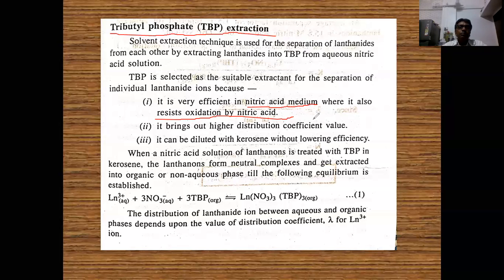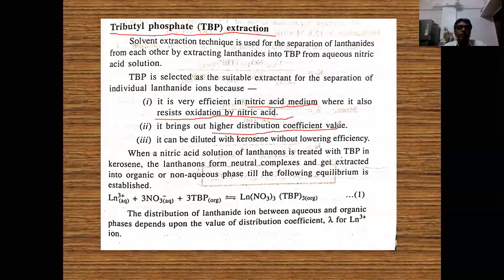Second, it brings out a higher distribution coefficient value. When we use TBP as a solvent in the solvent extraction method, TBP gives a higher distribution coefficient value, that is the lambda value.